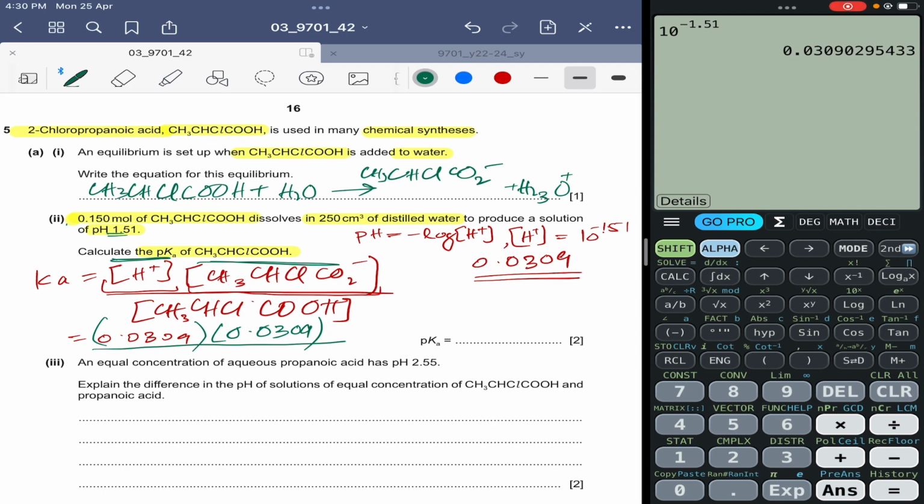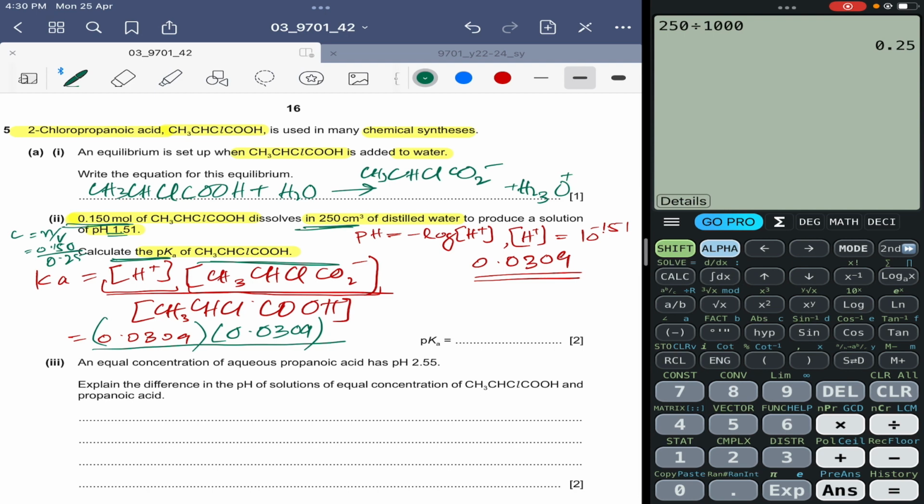They have given us the moles and the volume, so let's convert it into concentration. So C equals n upon V. Moles 0.150 divided by volume, which is 250 divided by 1000, that is 0.25.